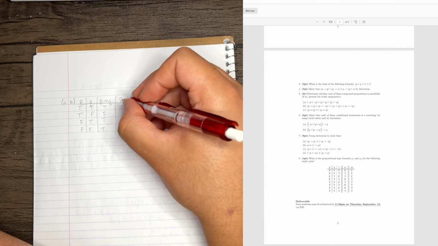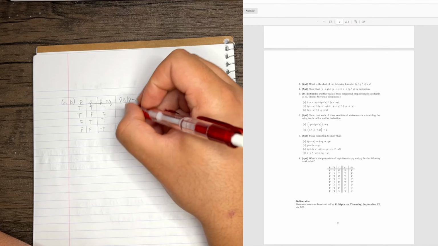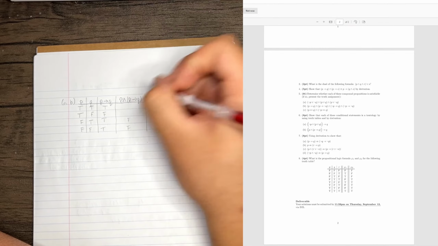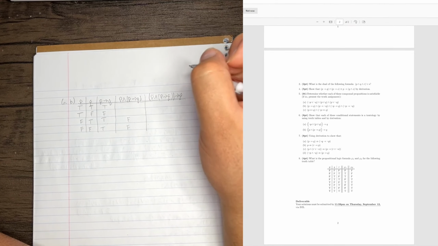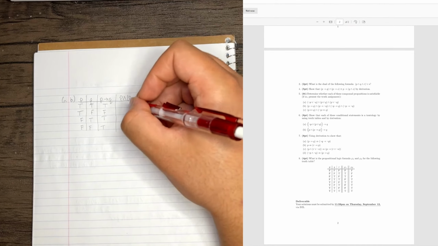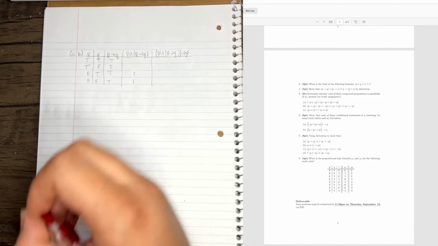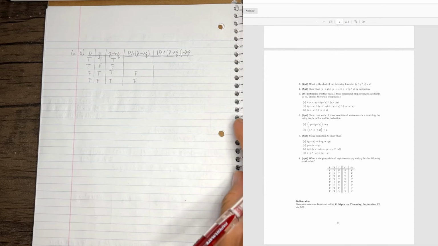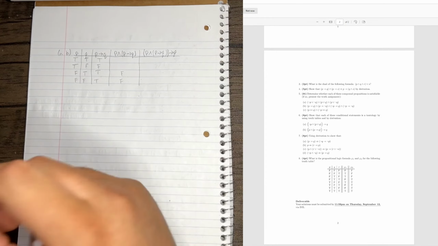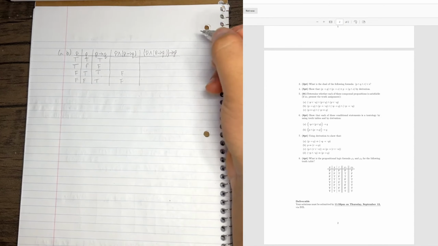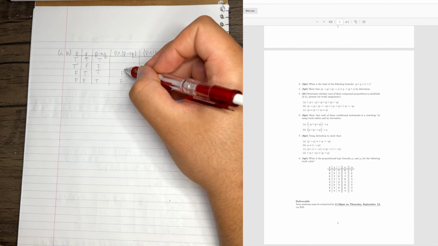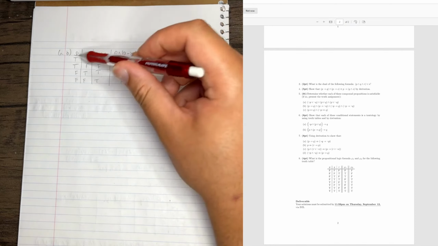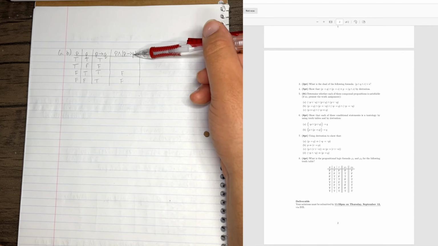So we're looking for one that's false because both of them are not true then. And we want this one true and these to be true.